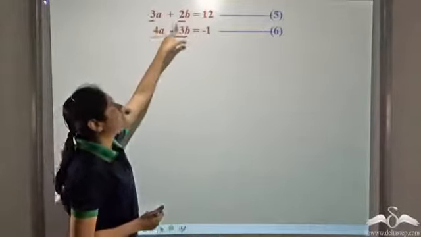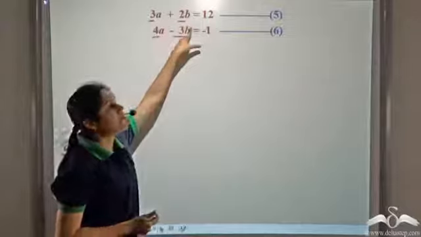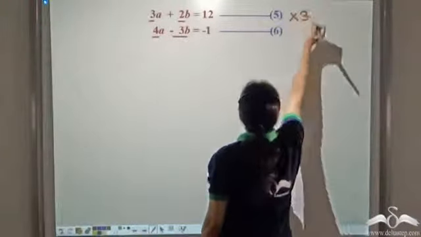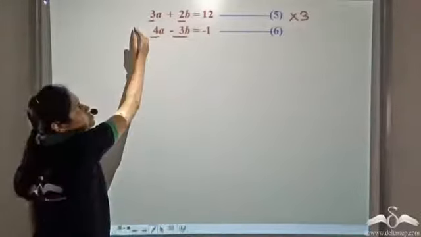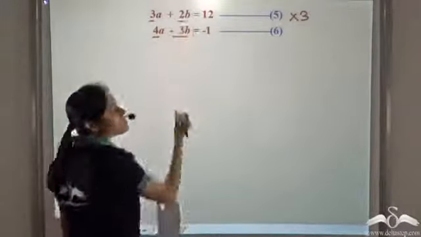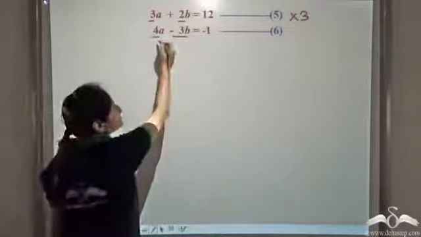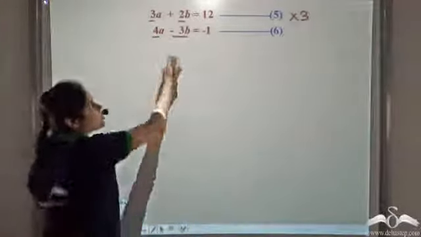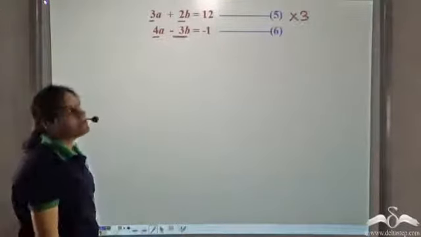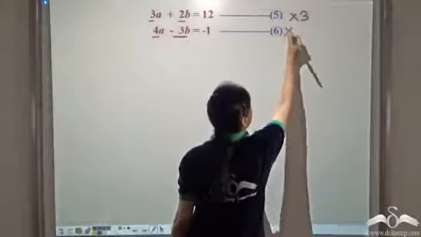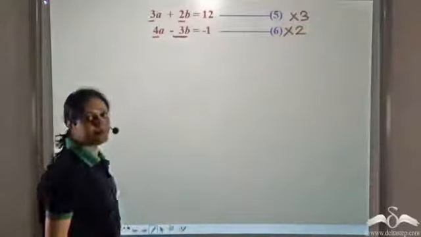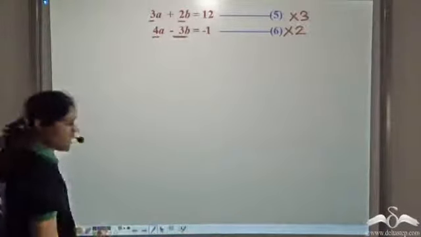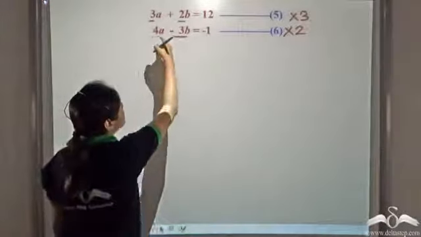So, we should multiply this equation by 3 in order to get a 6 here. What about this equation? What should we multiply it with in order to get 6 here? We should multiply this equation by 2. So let us multiply these two equations by 3 and 2 respectively.